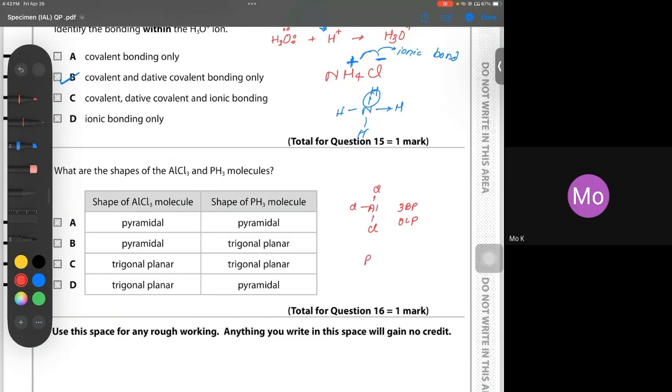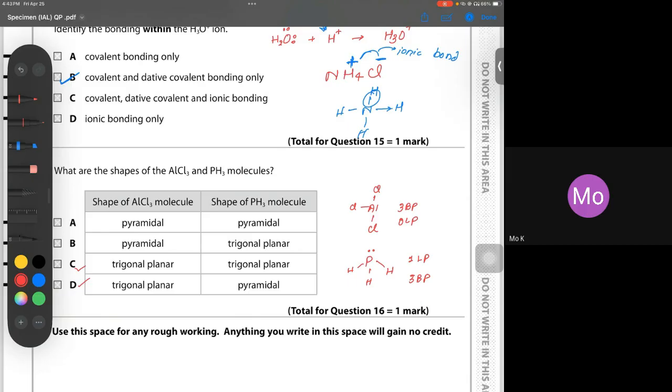And in PH3 you have one lone pair on phosphorus, so one lone pair and three bond pairs. So the geometry of AlCl3 would be planar. It may be C, it may be D, because it's planar.